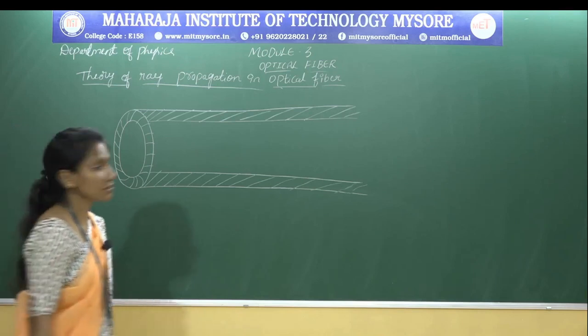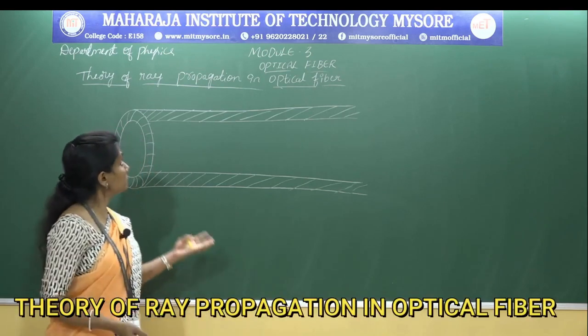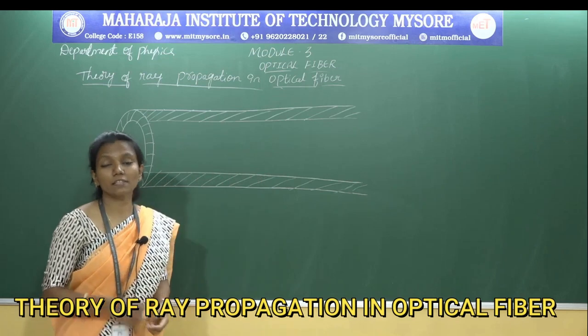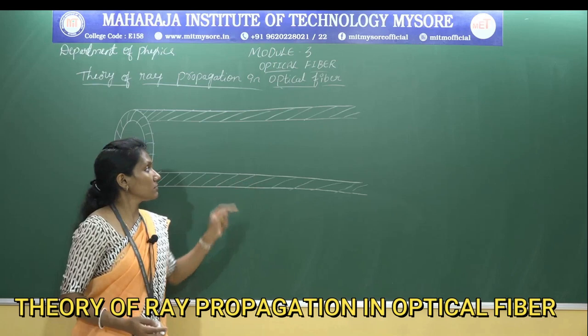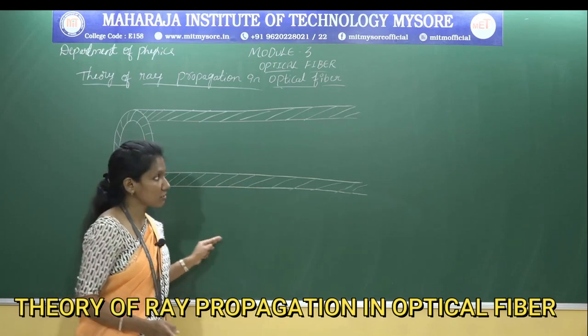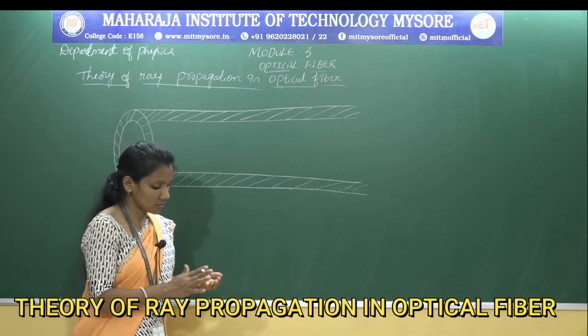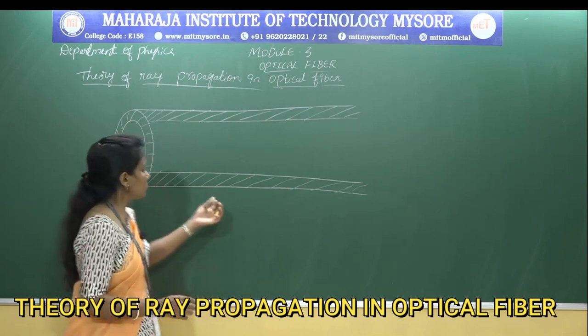So, next is the theory of ray propagation in the optical fiber. How will the light ray propagate inside the optical fiber with total internal reflection, and what principles does it include? Let us see.